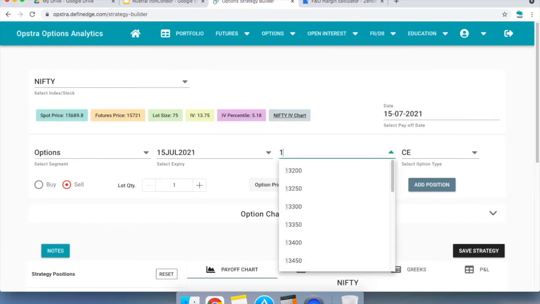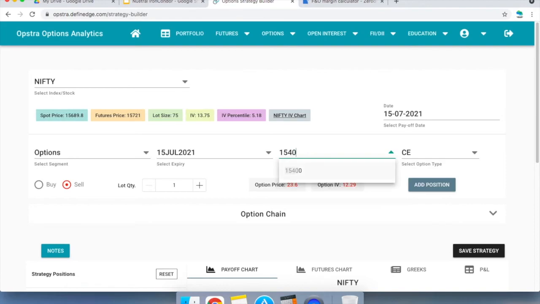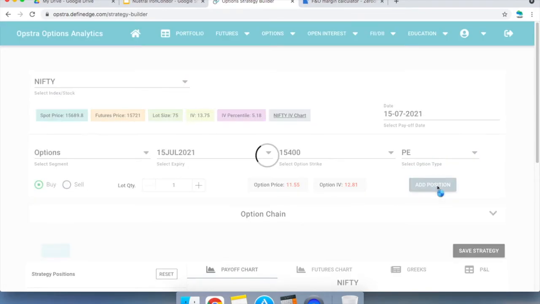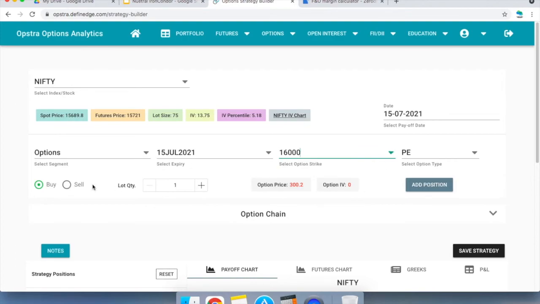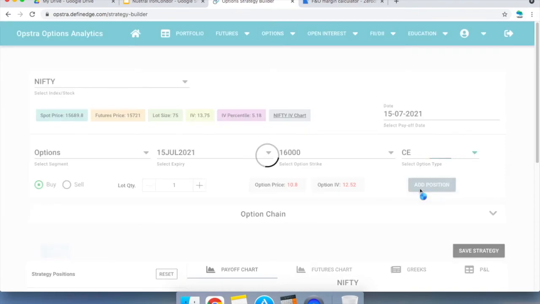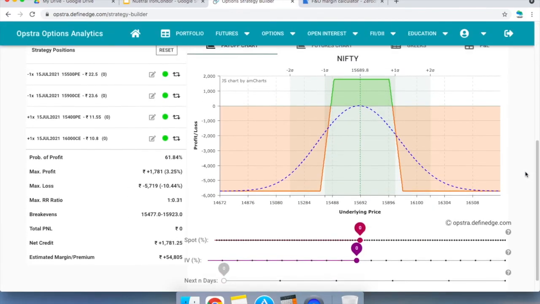Then we take the hedge positions at 15,400, a put buy position, and 100 points away, 16,000, which is a call, and we are buying that also. So here it becomes an Iron Condor.